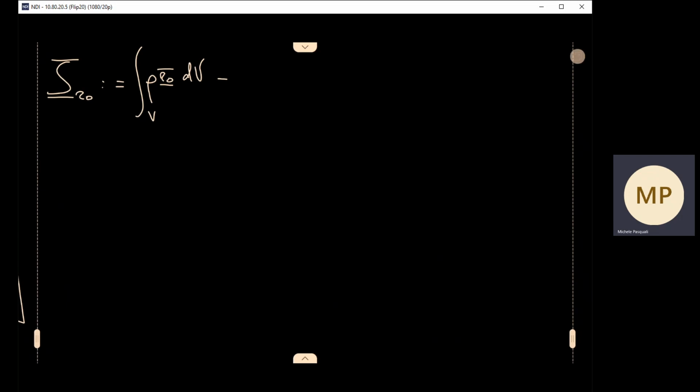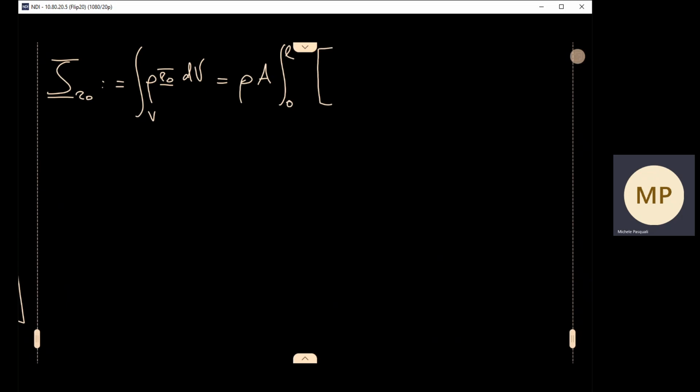In our case, this becomes rho A, where A is the cross-section of our beam, the integral from 0 to L, where L is the length of our body, of the vector R0 over bar.